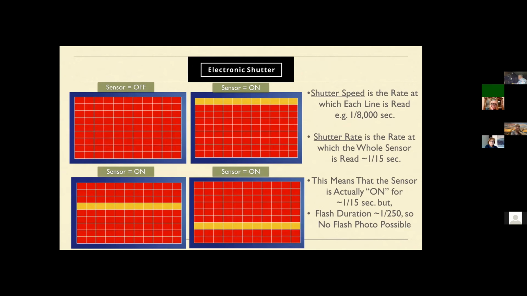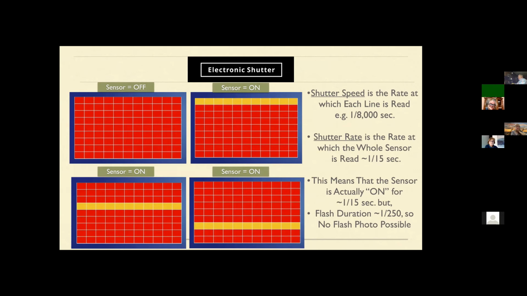So let's talk about electronic shutters and how they work. I've shown a matrix here of 4 photographs in which the sensor is being scanned. In the first one, the sensor is off. In the second photograph to the right, the first line of the sensor is being read. The third one, a further line down is being read, and the fourth one, a further line down is being read.